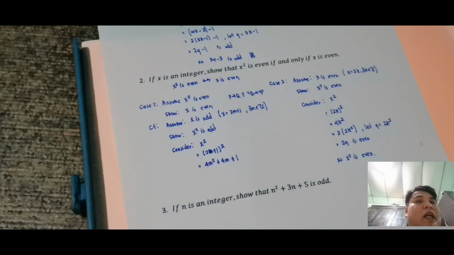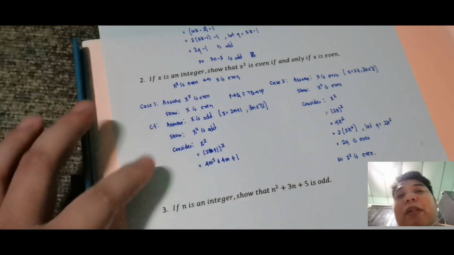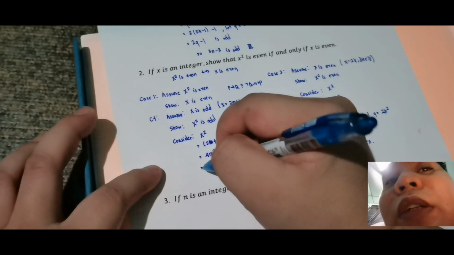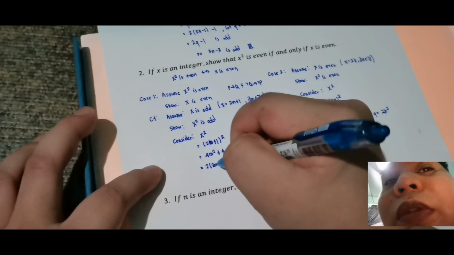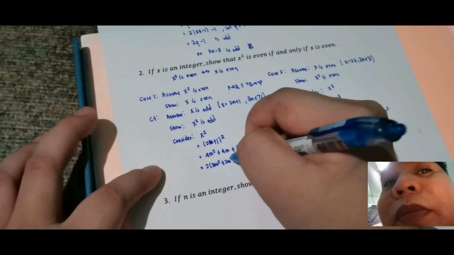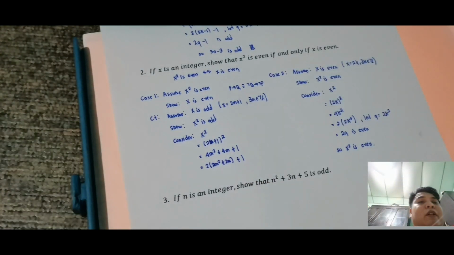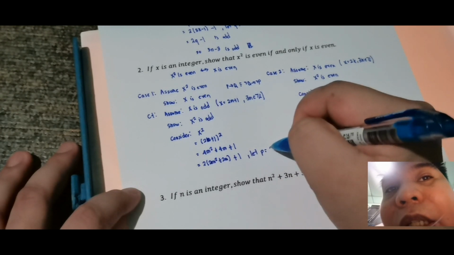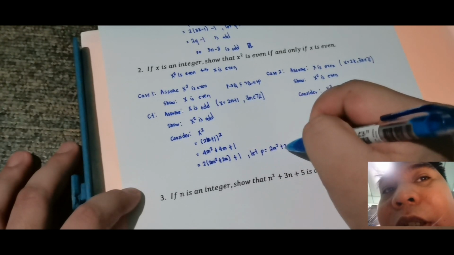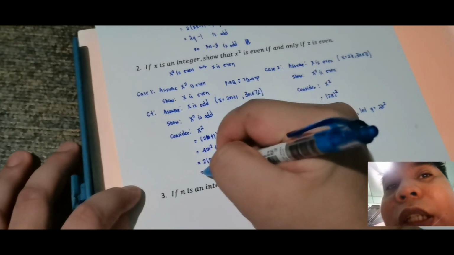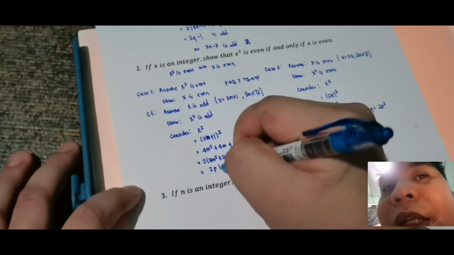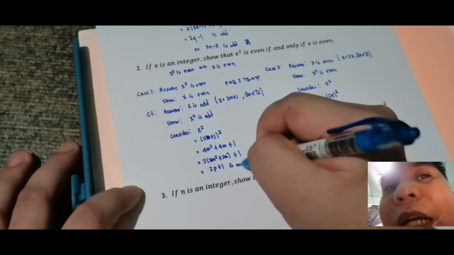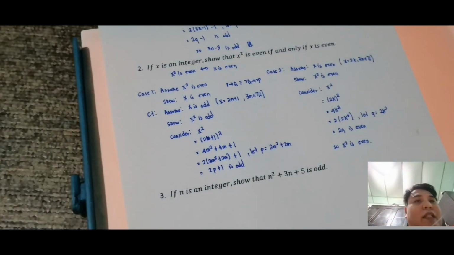Our goal is to make it odd, so from this part, I factor out a 2. This is equal to 2 times 2m squared plus 2m, plus 1. Let p be equal to 2m squared plus 2m. Therefore, this is 2p plus 1, which is odd. Since I proved that, therefore x squared is odd.